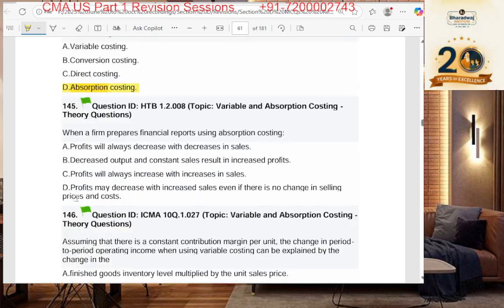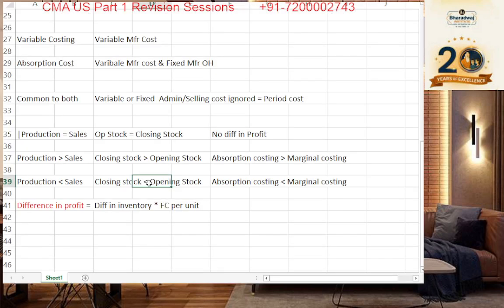Absorption. C. Oh, no, sorry, production. We are doing which one? Absorption costing. When production is greater than sales, profit will decrease or increase?